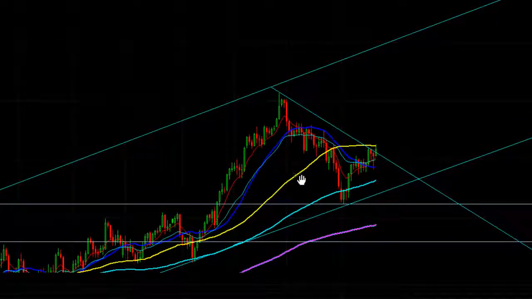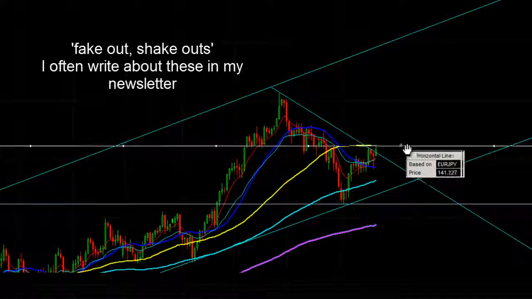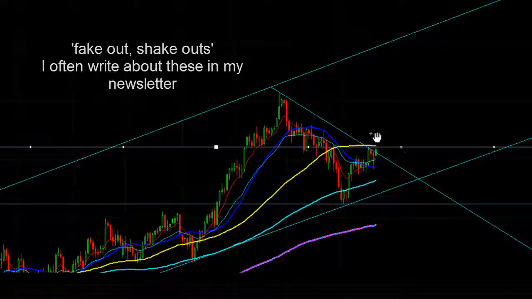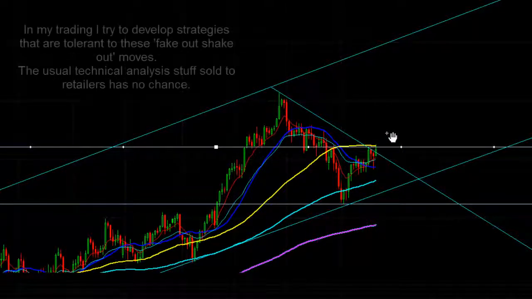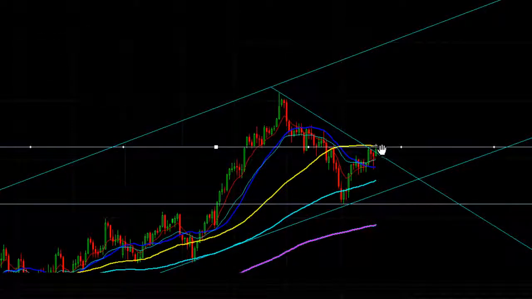It looks like you've got your classic resistance point of a moving average. It looks like the price has bounced off the moving average. You've got a couple of painted candles. Of course, everybody goes short, and they put their stop up here above the moving average line, believing that that's technical protection. And of course, you're just a sitting duck there, and then the bank guys or the big hedge fund guys just reverse the price and go up and take you out.